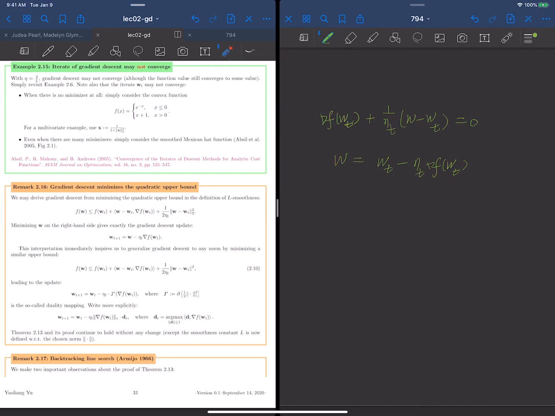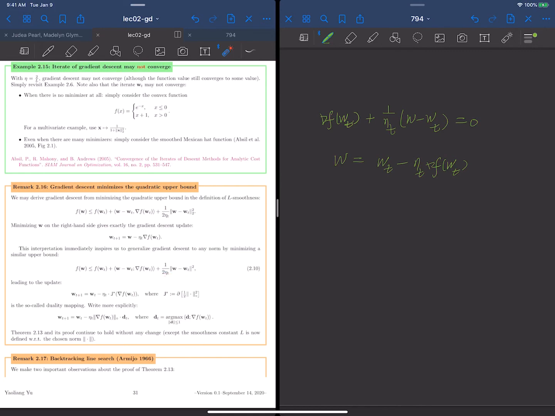So now, once you realize this, you can actually generalize the algorithm. For instance, we used the Euclidean norm here. What if I use a different norm? I can call a function L smooth by changing the norm. I can still call the function L smooth, but now with respect to a different norm, like what I wrote here.